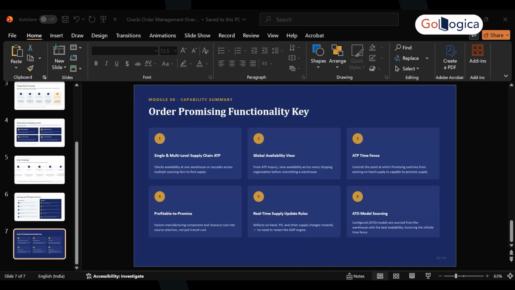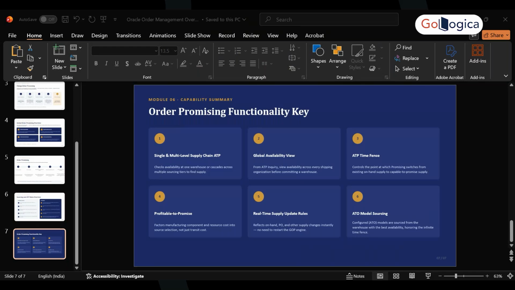However, Oracle can also evaluate the profitability while selecting the fulfillment source. When profitable to promise is enabled, Oracle considers additional business factors such as manufacturing cost, component cost, resource cost, and transportation cost. Instead of selecting only the nearest warehouse, Oracle selects the fulfillment source that provides the highest overall profitability while still meeting the customer's requested delivery date.